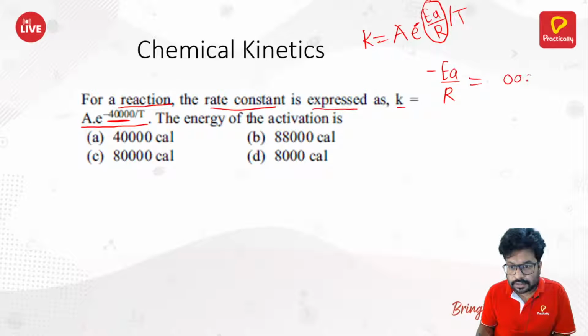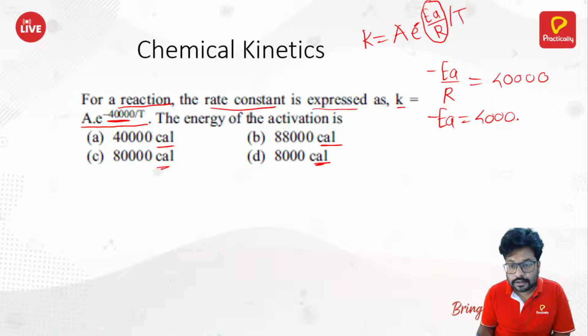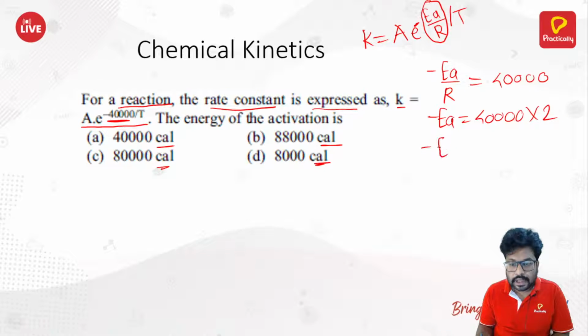It is 40,000, right? So they have given all the options in calorie, right? So we need to take R in calorie. When you take R in calorie, its value is how much? In calorie, R is equal to 2. And therefore, energy of activation is 40,000 into 2.